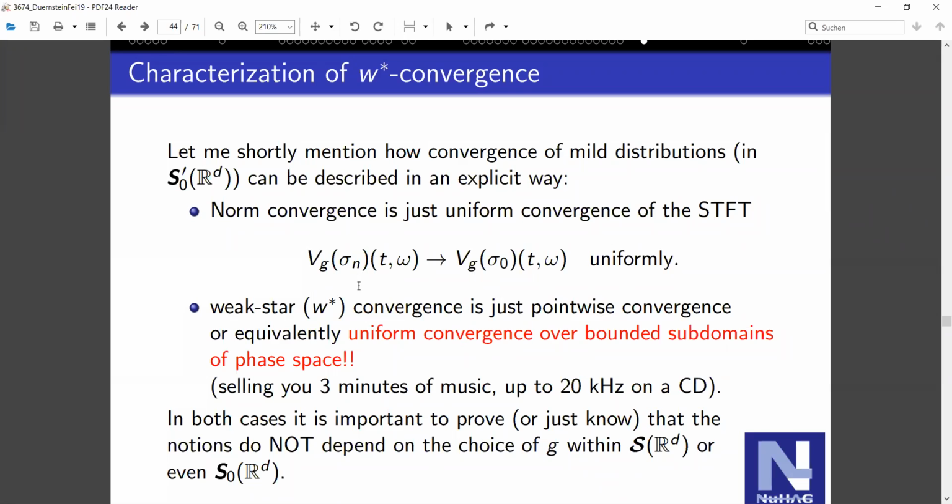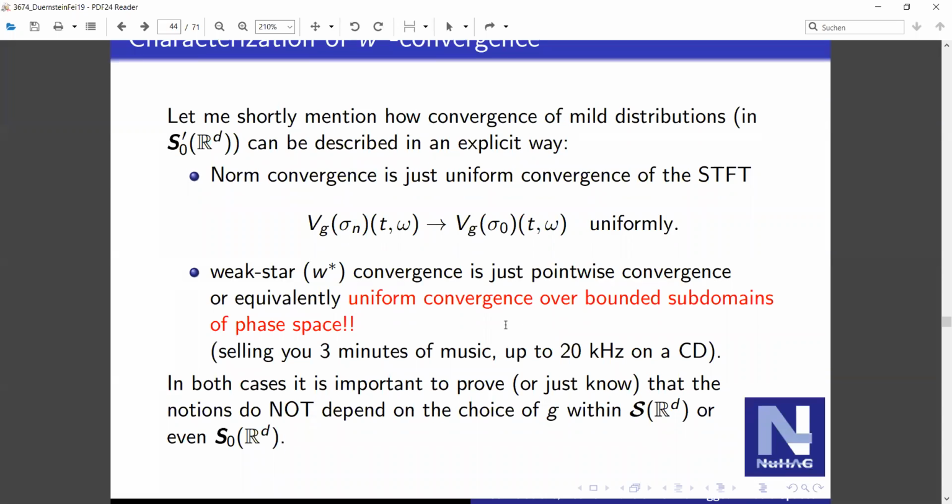Okay, good. Now, a necessary consequence is that this short-time Fourier transform, and of course this is just sigma n applied to a time frequency shifted version of your test function, should go to the same value of the sigma. So you have pointwise convergence, but that's a good, easy exercise. If you have pointwise convergence, you have uniform convergence on finite sets, and then you get even uniform convergence over bounded sets.